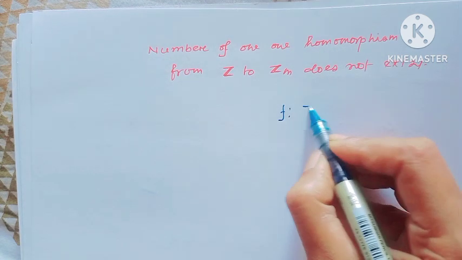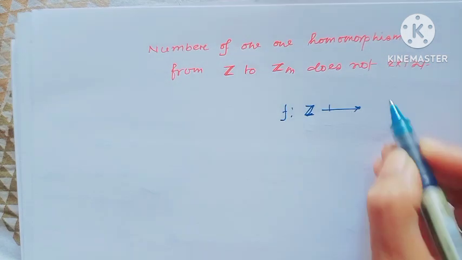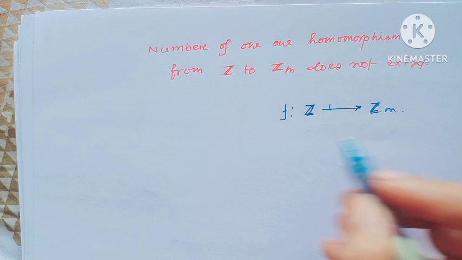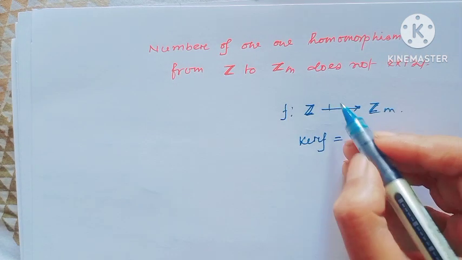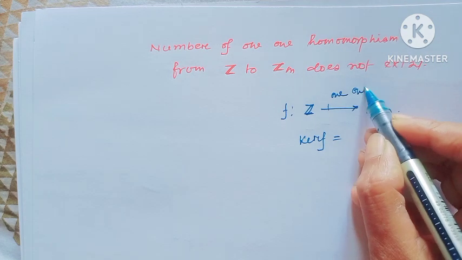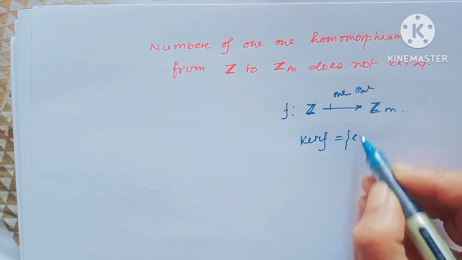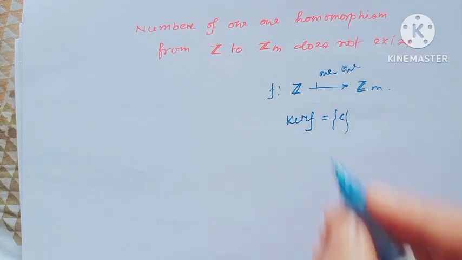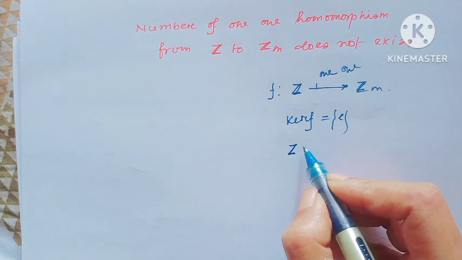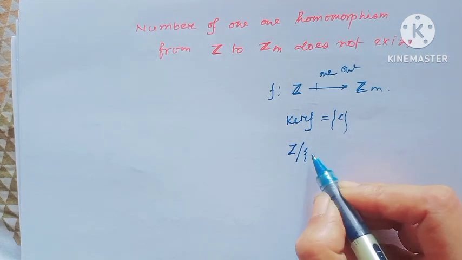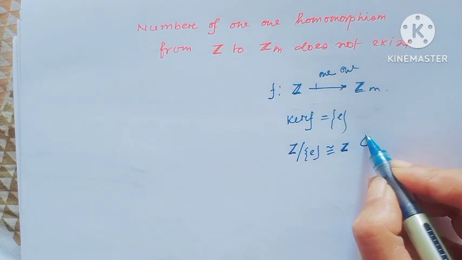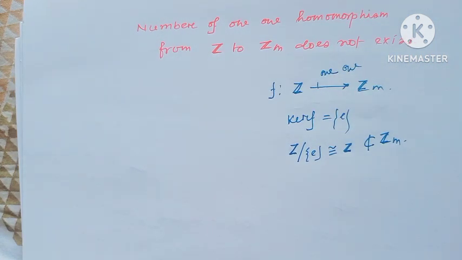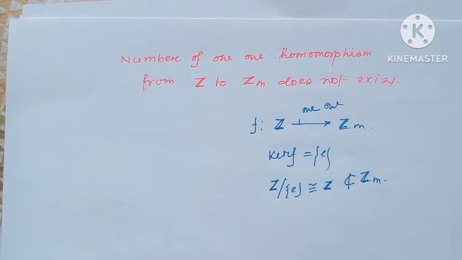If there exists a mapping f from Z to Zm, then for f to be 1-1, the kernel of f must contain only the identity, as we all know. By the fundamental theorem, Z modulo identity is isomorphic to Z, which is not a subgroup of Zm. So there exists no 1-1 homomorphism from Z to Zm.